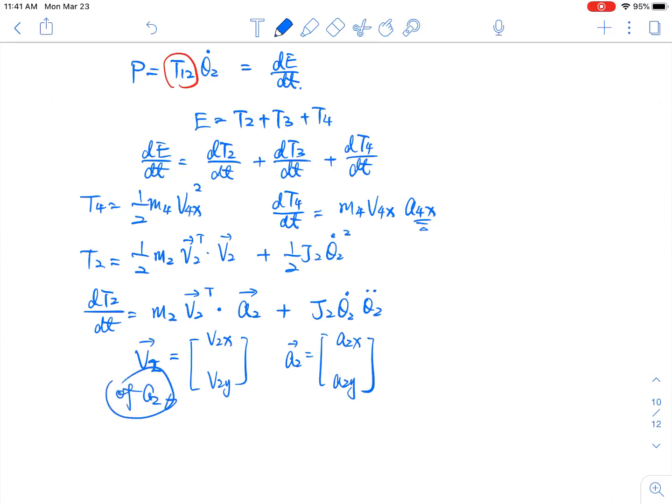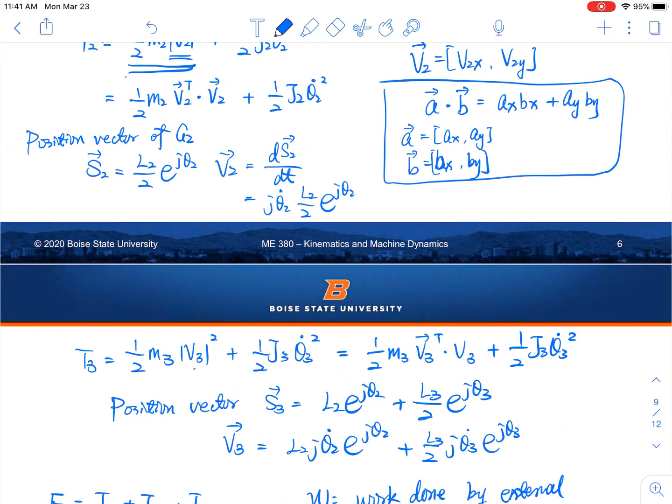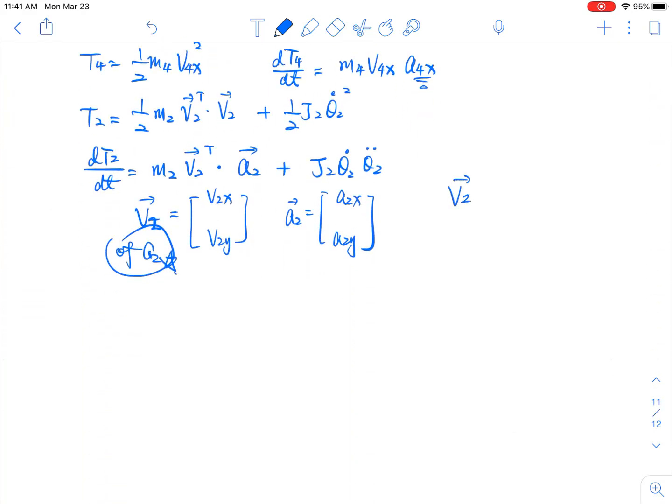You have to remember that. And the acceleration is also the acceleration of the point g2. For the v2, we already gave you the expression. Your v2 is already given.